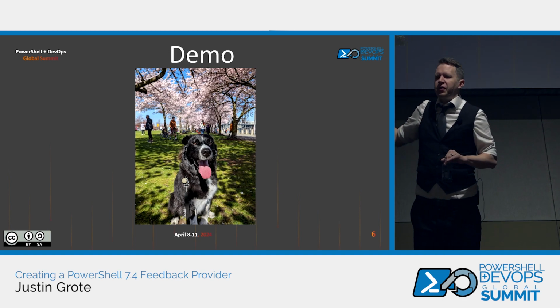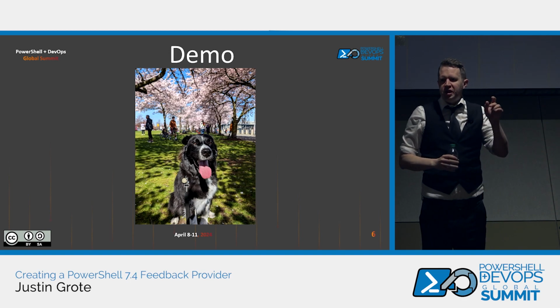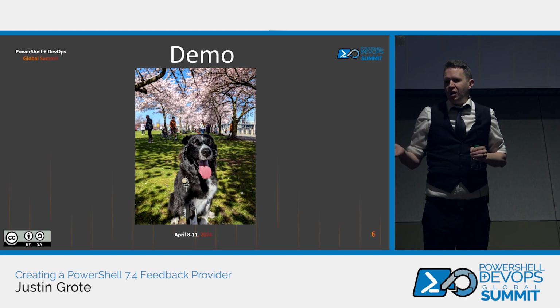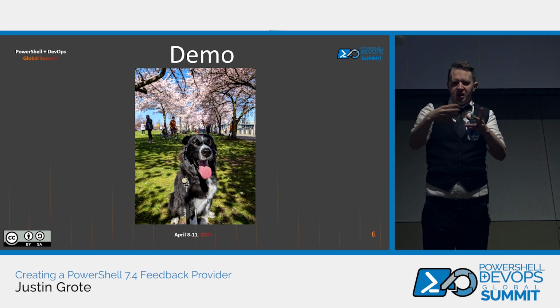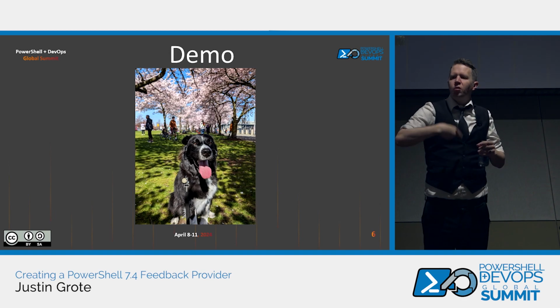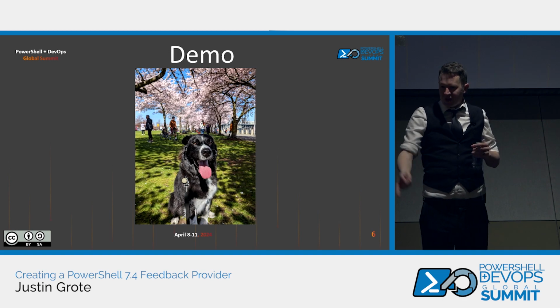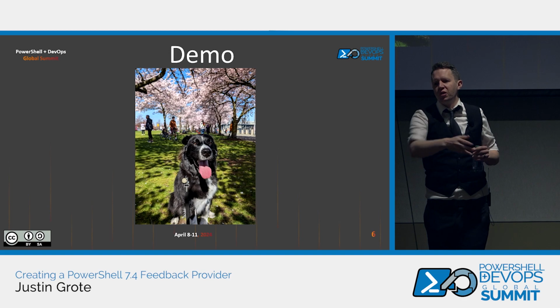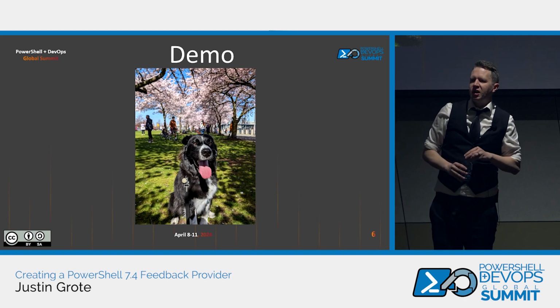Again, that's an example of an alias: if they did GC pipe question mark, brackets, whatever, that's a successful command. But your feedback provider would get the AST, and you would see, oh, you used an alias here. So even though it was a successful command, you can report, hey, you might want to try expanding question mark to Where-Object. Be nice to the next guy, kind of a deal.